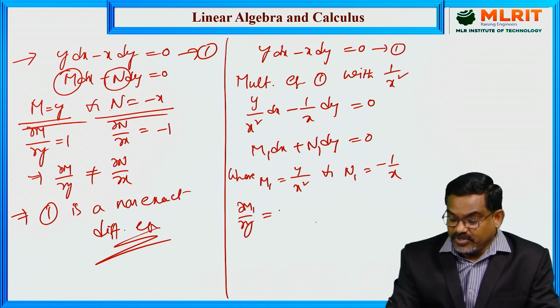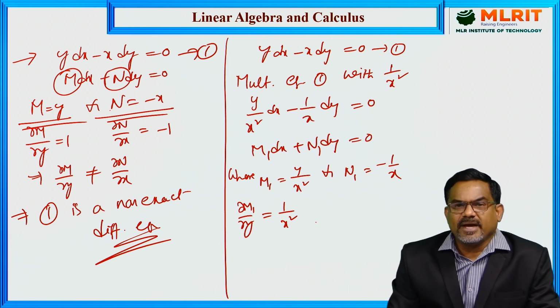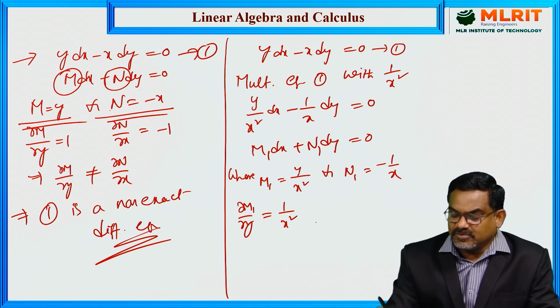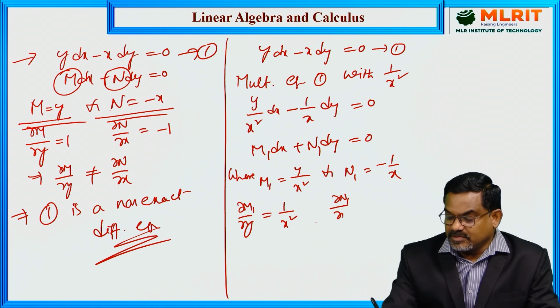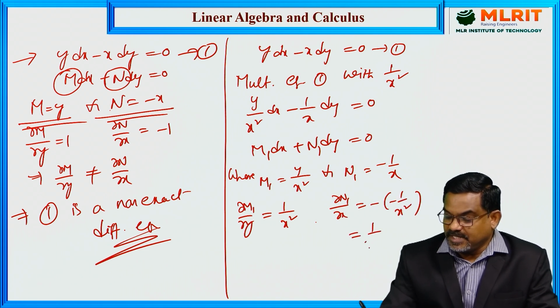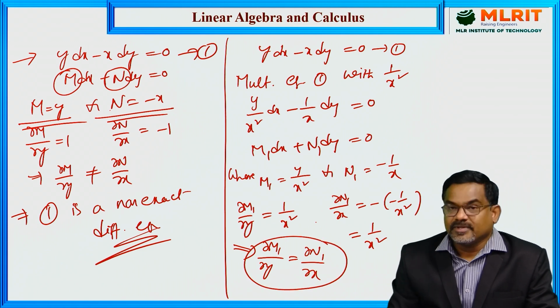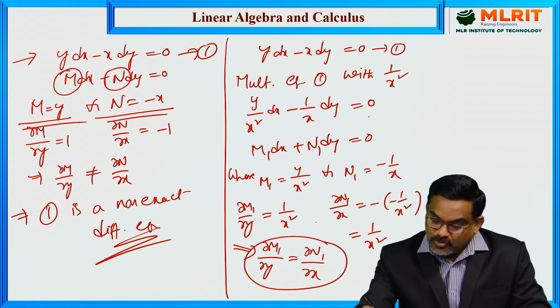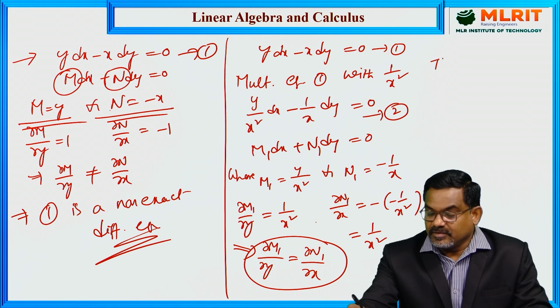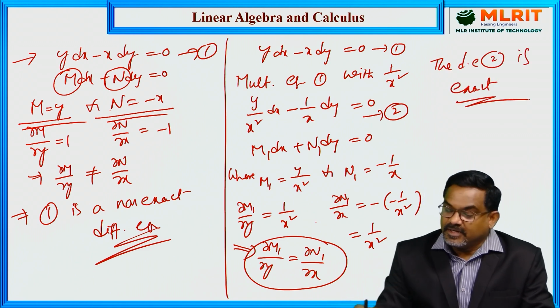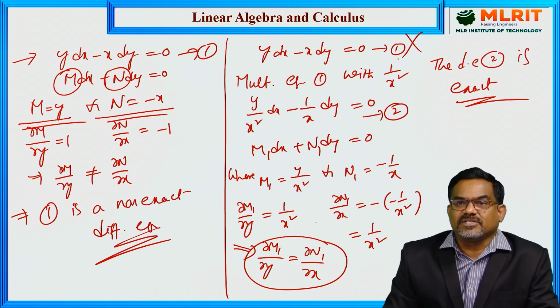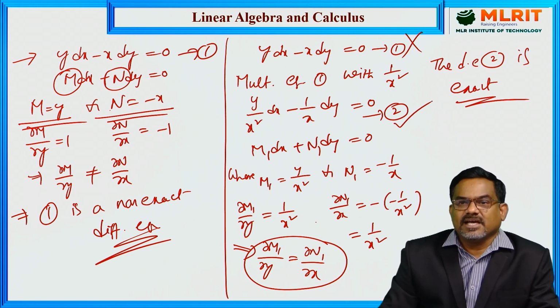With respect to y, we treat x as constant, 1 by x square into the derivative of y is 1, and dou n1 by dou x, the derivative of minus 1 by x is minus 1 by x square, which is plus 1 by x square. Now it is very clear that dou m1 by dou y is dou n1 by dou x. So that means the new differential equation, the differential equation 2, is exact. Here 1 is not an exact differential equation, but 2 is an exact differential equation.